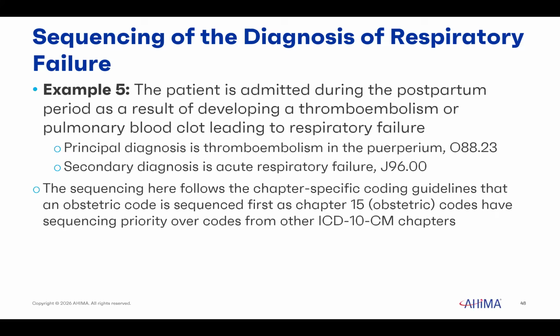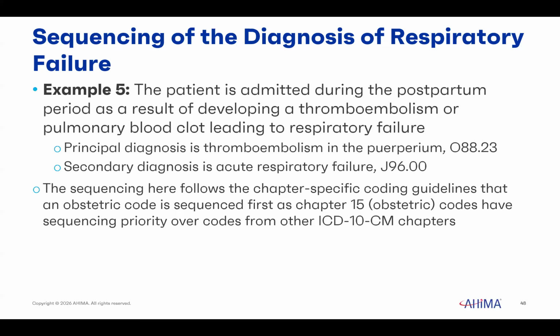Okay, so this deals with the specific guidelines dealing with OB. We have a patient that's admitted in the postpartum period as a result of developing a thromboembolism, or pulmonary blood clot, that led to respiratory failure. The principal diagnosis is the thromboembolism that occurred in the postpartum period, O88.23.